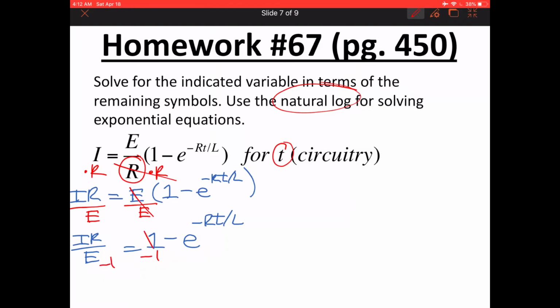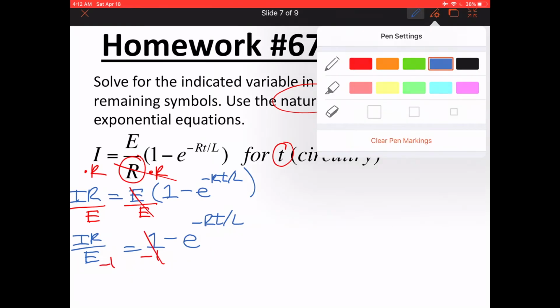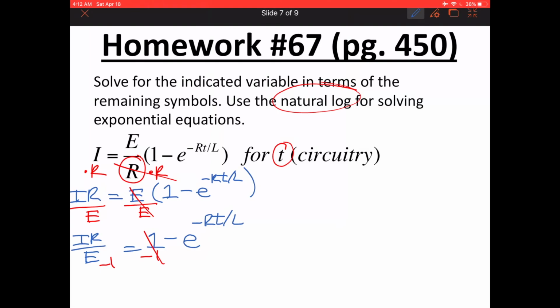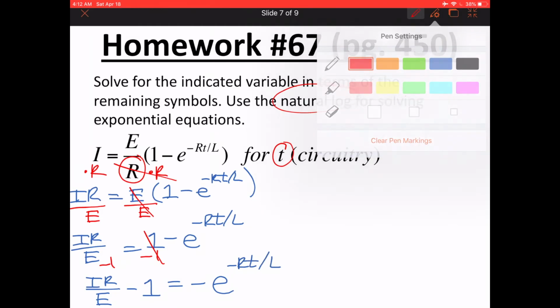Now I can subtract that 1 from both sides. So now I have IR divided by e minus 1 equals negative e to the negative RT divided by L.